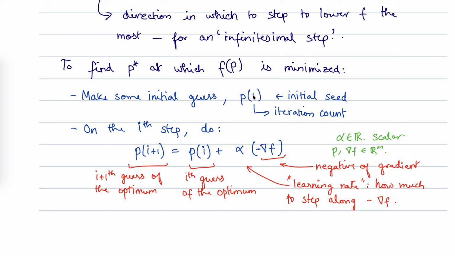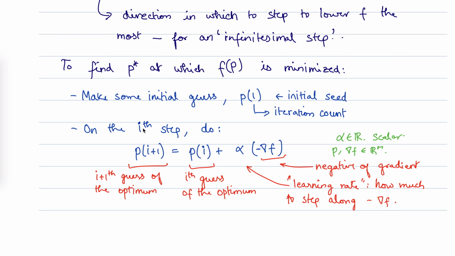Okay, so this is not the first element of the array p, but rather the first iterate of p. So this whole thing we're going to call the initial seed. This 1 is the iteration count. p of 1 itself belongs to R^m. So you start somewhere, maybe it's a random initial seed.